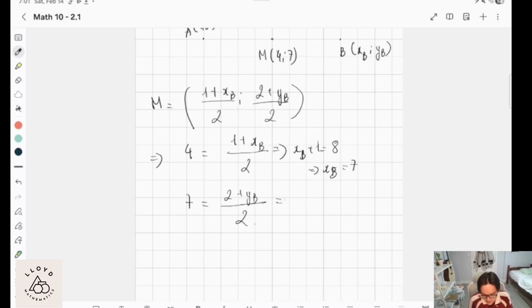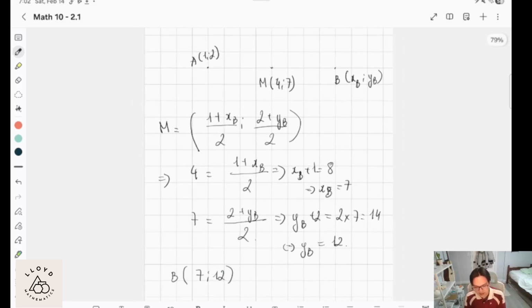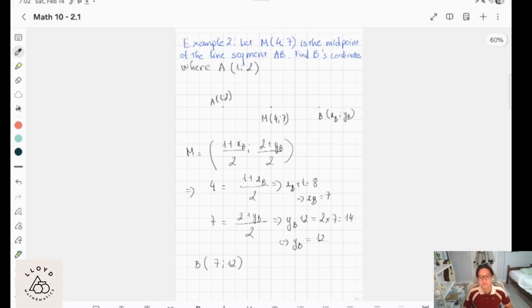And in the same way, YB plus 2 needs to be equal to 2 multiplied by 7, which is 14. Therefore, YB is equal to 12. So B here is 7 and 12, right? And we've done this question.